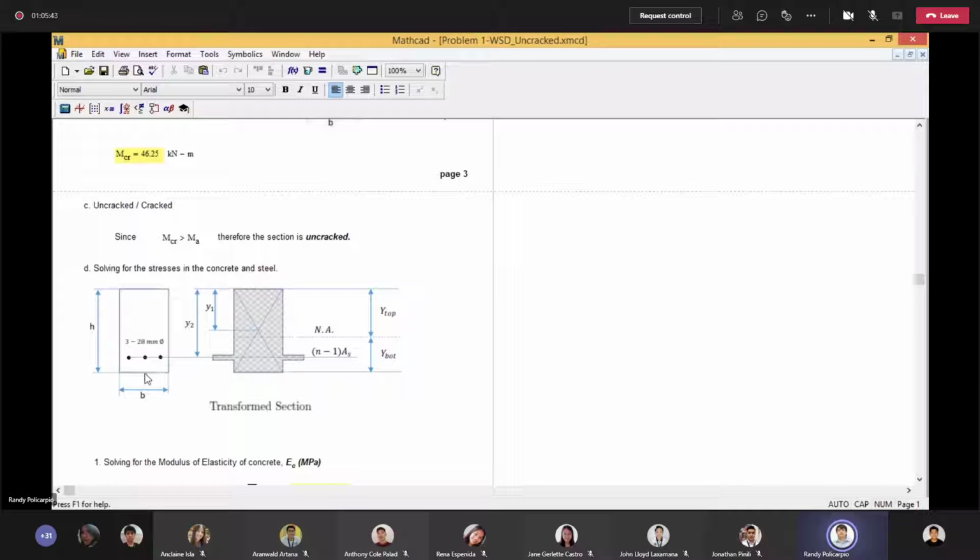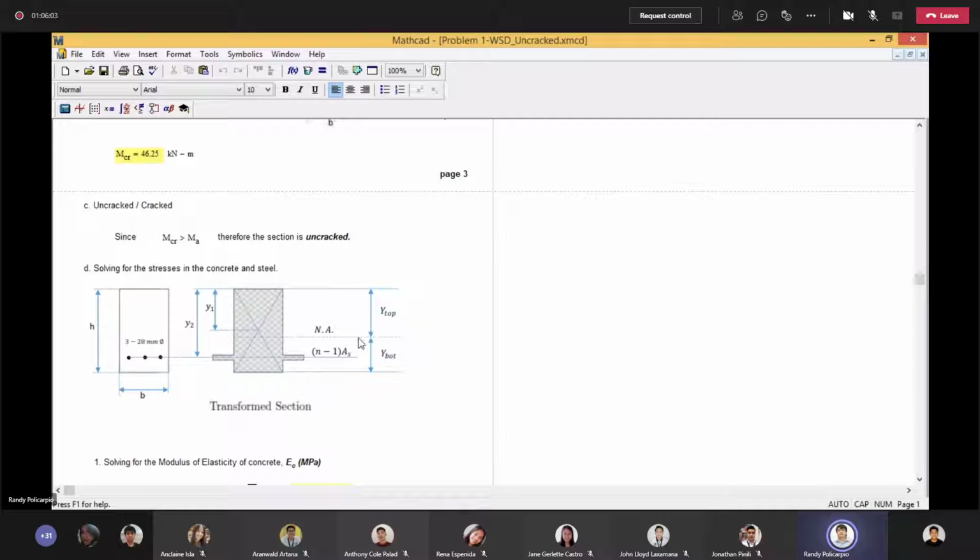So the equivalent concrete area of our tensile reinforcement can be computed using this formula, n minus 1 As. Now, we're going to determine the neutral axis of this transformed section.